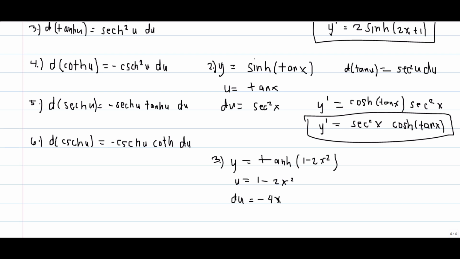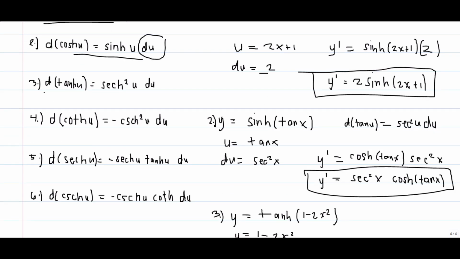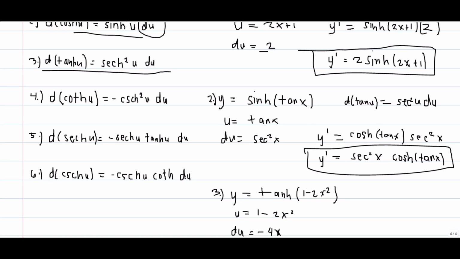Since the derivative of the constant is 0, we obtain the sign, which is negative, then we derive 2x squared, that is negative 4x. Then we use this formula, the derivative of tanh u is equal to sech squared u du.